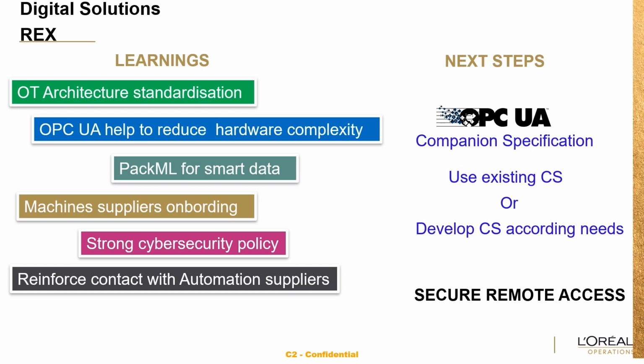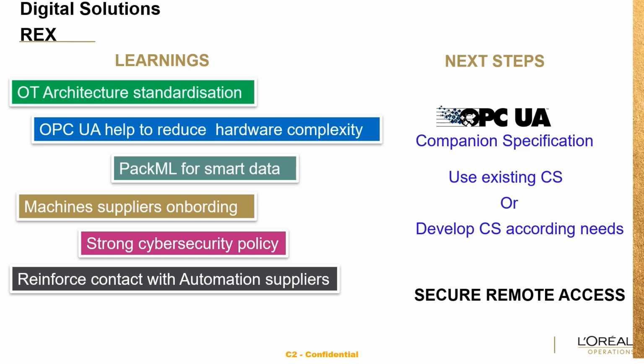As a next step, I can say that we will follow our journey with OPC UA technology. Our aim will be to explore the path we do not already use, the companion specification path.